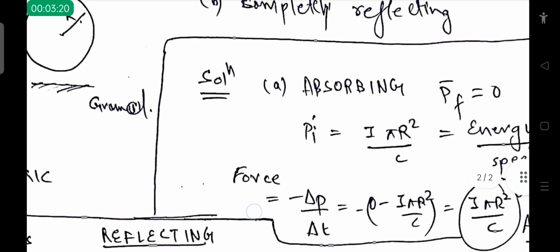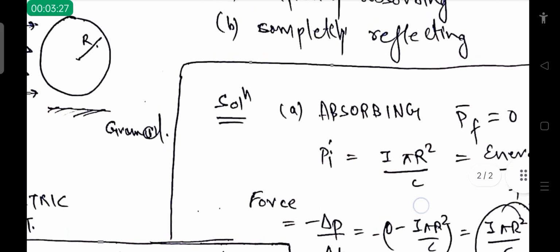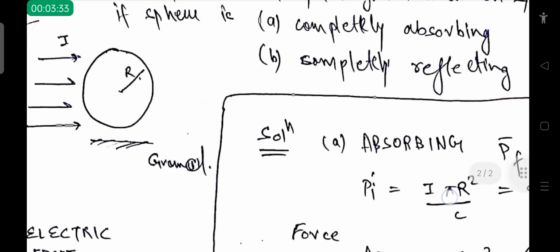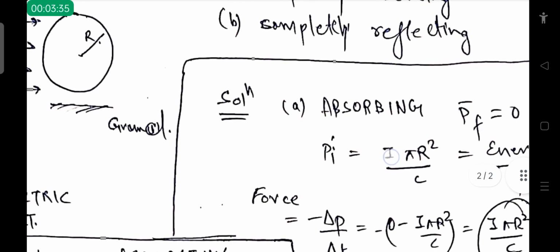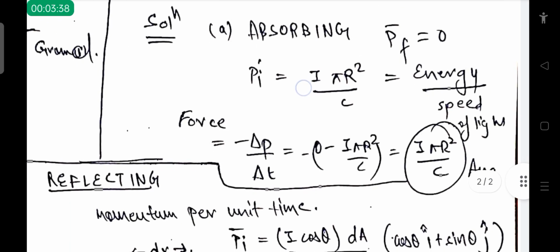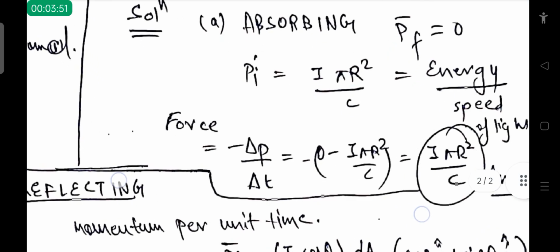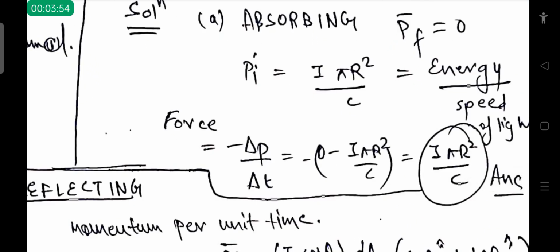Now the force on this can be written as minus change in momentum divided by the time. So why minus? Because this is the momentum of the light incident. This light will exert a force that will be negative, because from the third law of motion, the force on body A by B is the negative of the force on body B by A. So we have to find the momentum of the light, and then the force on the sphere.